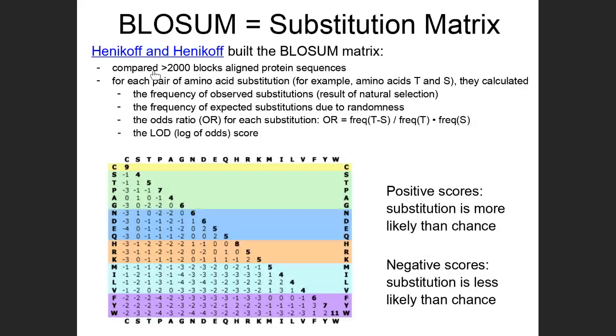And what they did was they compared 2,000 blocks of aligned protein, and then they saw how often one amino acid substitutes for the other, and then they came up with scores. So we're going to pick up on this on Monday. And that's going to be this exercise that I was going to make you do.